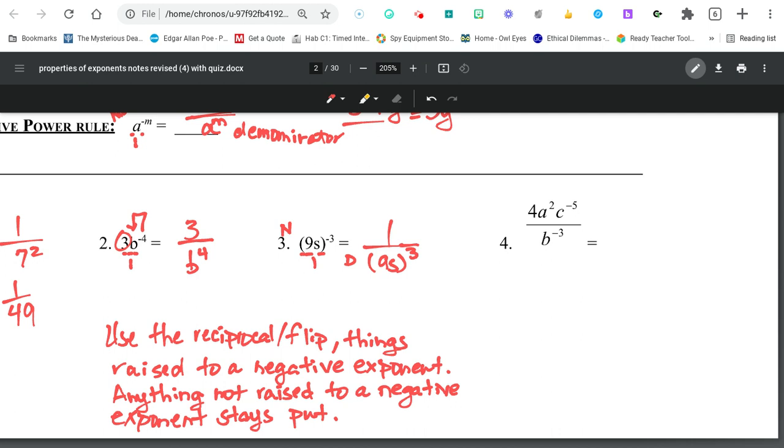So let's take a look at number 4. Okay, so the C is raised to the negative fifth power and the B is raised to the negative third power. So keep in mind, anything not raised to a negative exponent stays put. Well, let's look at C. C is in my numerator, so I'm going to flip it to my denominator.